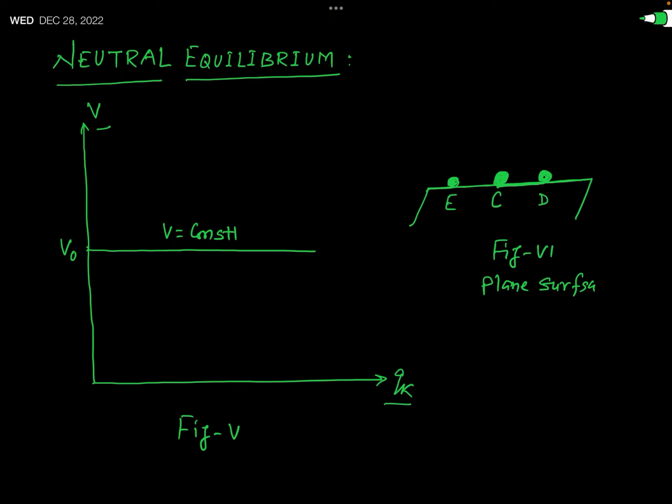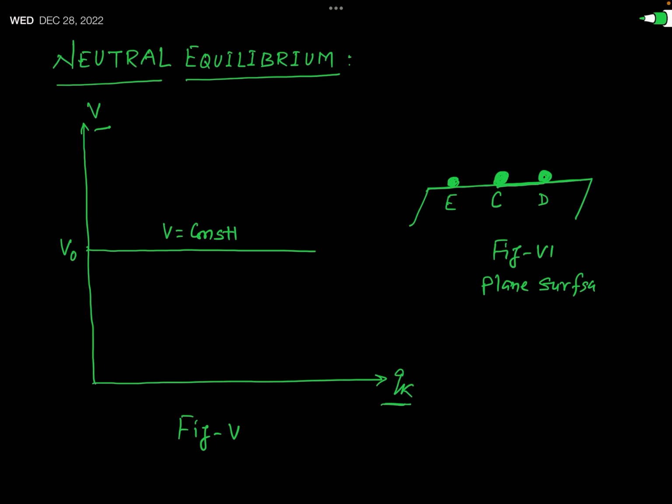You can see here the potential energy of the system at point C and at point D, at point E, everywhere is same. So the potential energy function does not change with change in position. Okay. So you can say that if the system is in neutral equilibrium, its potential energy will be independent of generalized coordinate or independent of position.